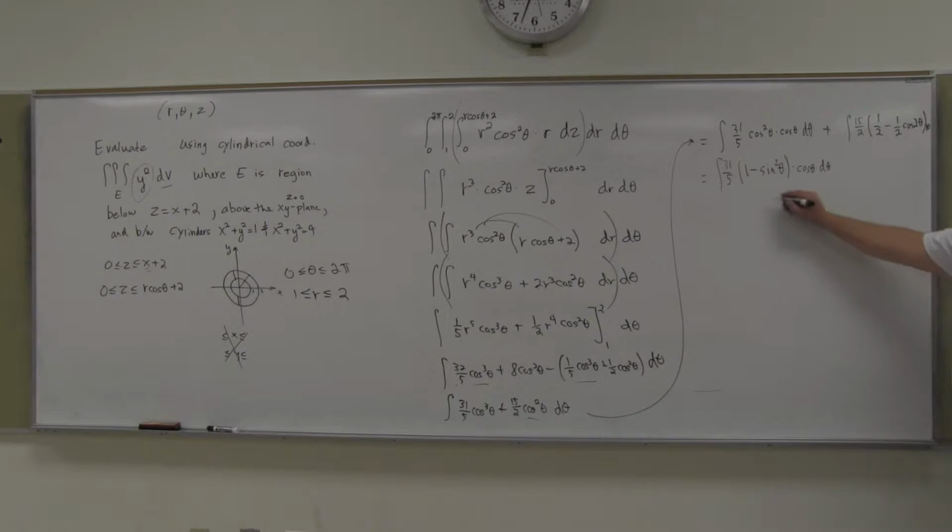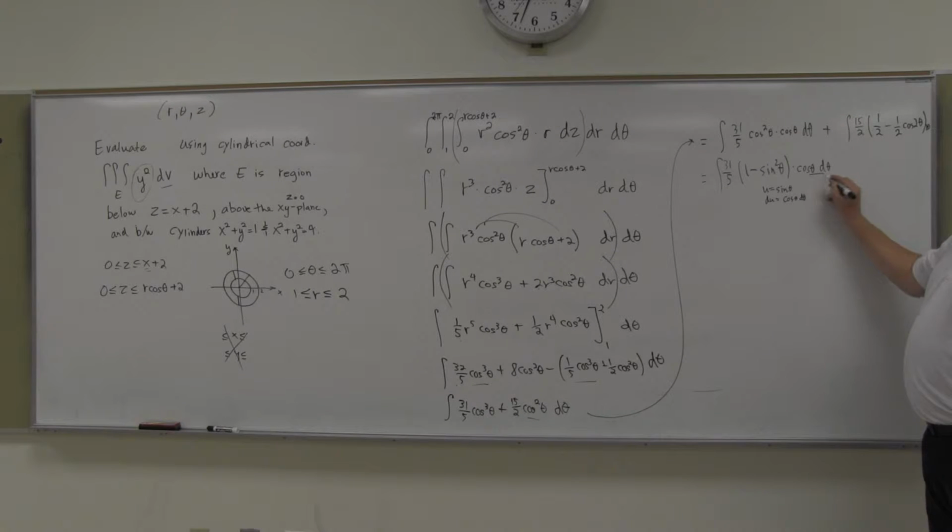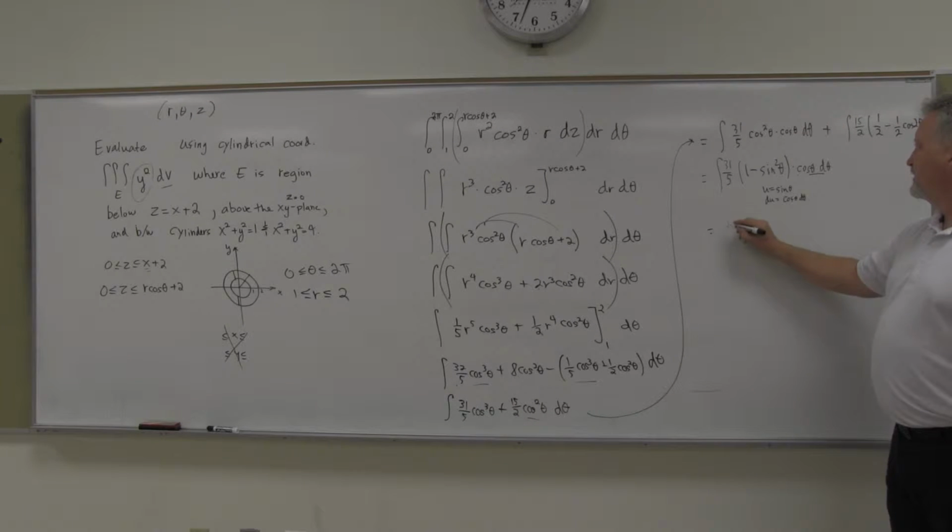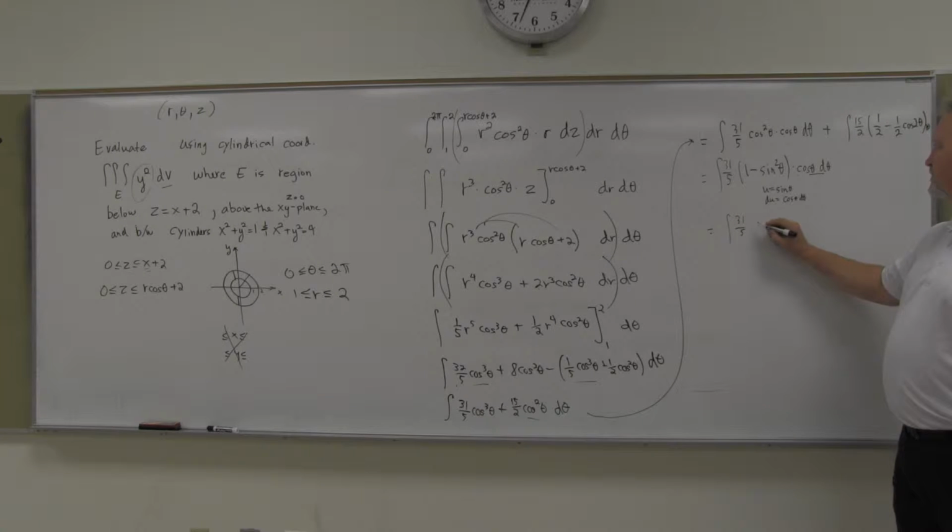Then it's just a u substitution. u equals sine theta, du equals cosine theta d theta. There you go, that's du. So we've got 31/5. So we got 1 minus u squared du.